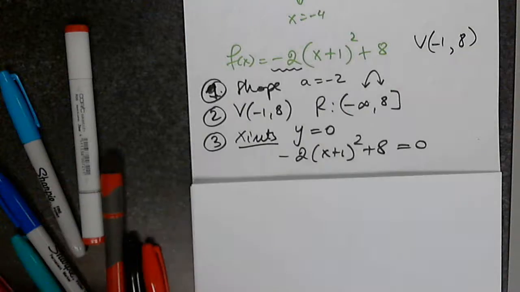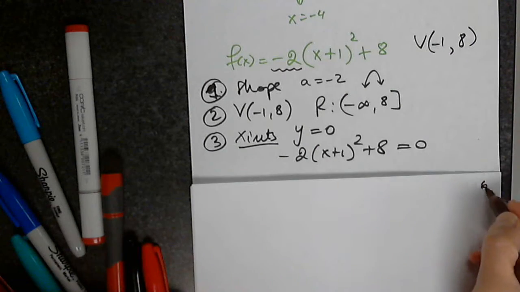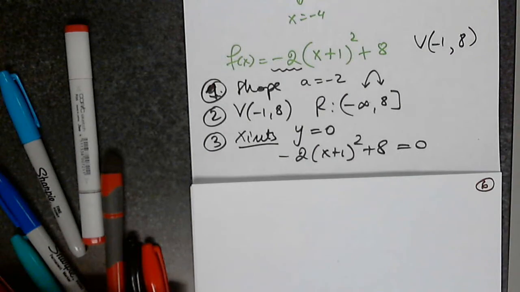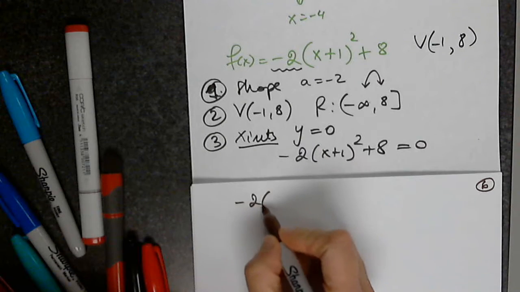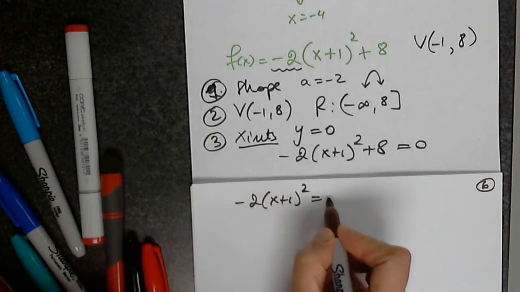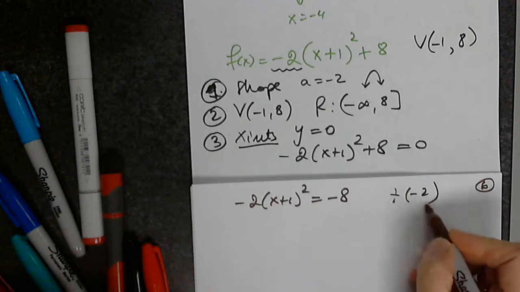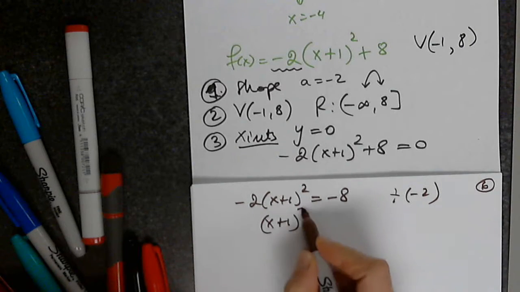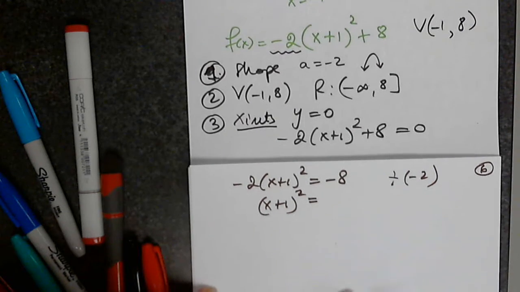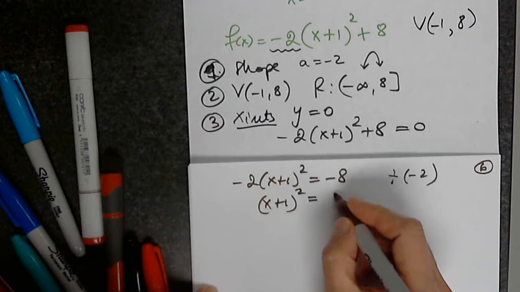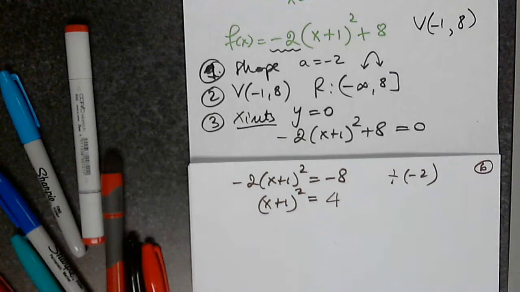Of course, I need some steps in between before I get to taking square roots, but negative 2 times (x plus 1) squared equals negative 8. The next step must be dividing by negative 2. And then I get (x plus 1) squared equals 4. Very good. Now it's ready for taking square roots.